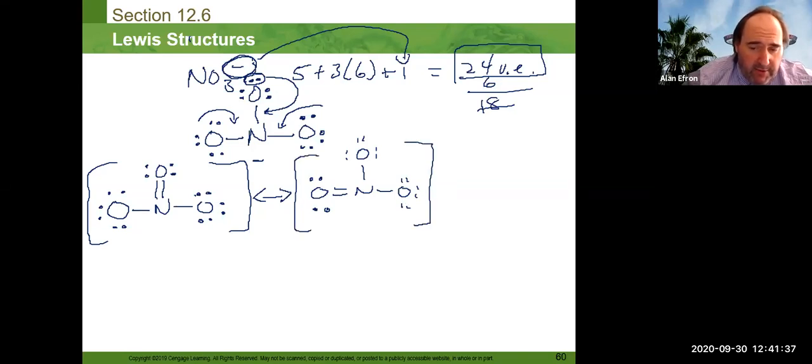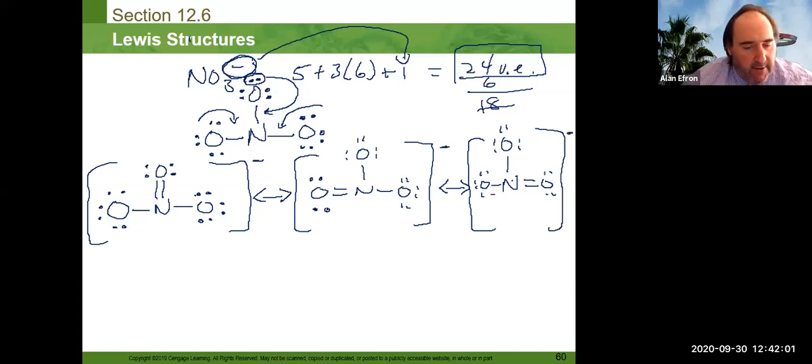And we could have drawn a third resonance structure where we could have double bonded on the right-hand side. And all 3 of these, again, are basically resonance structures of each other.